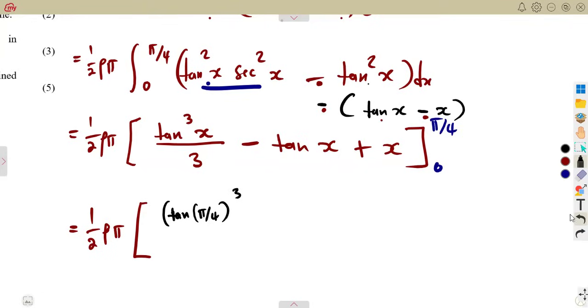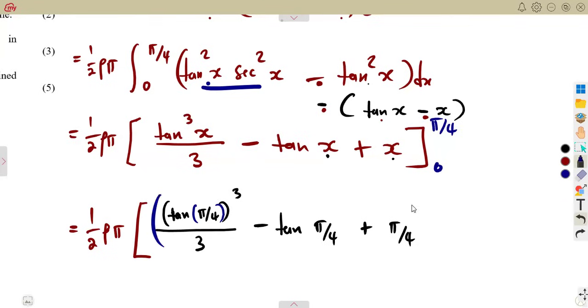So on your calculator, that will be another bracket there. Remember, your calculator is just going to open its own bracket. All right, everything over 3 minus, that is tan in place of x, pi over 4, plus in place of x, pi over 4. So this is our upper limit.